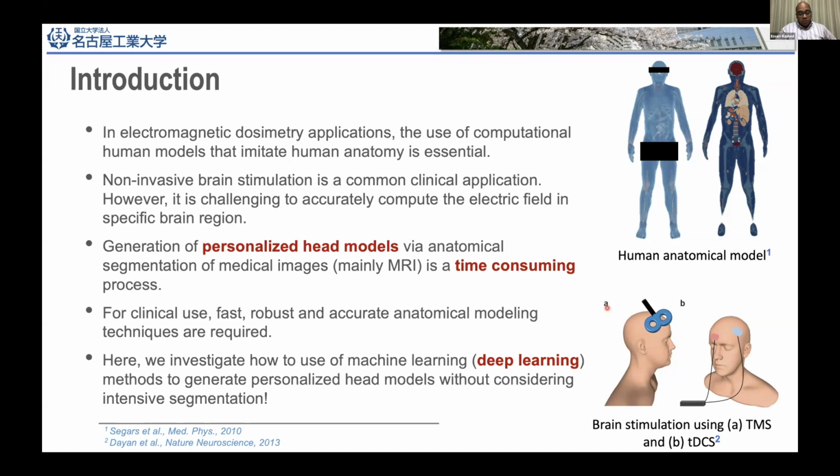So we are interested in machine learning, based on the recent development of deep learning. We find that it leads to great success in many image processing and analysis applications, and here we would like to investigate how to design a deep learning architecture for human head segmentation.